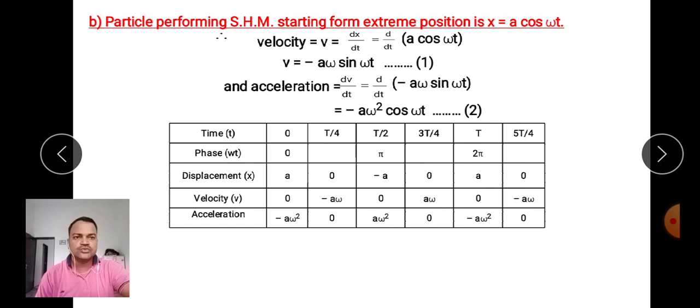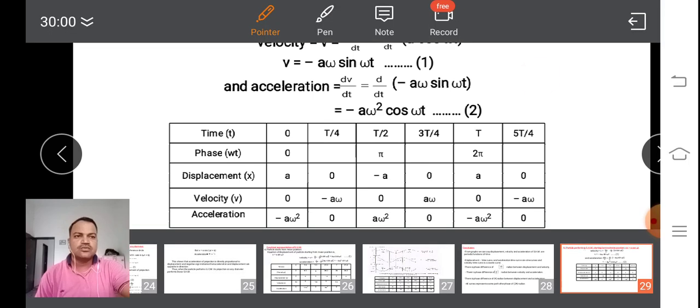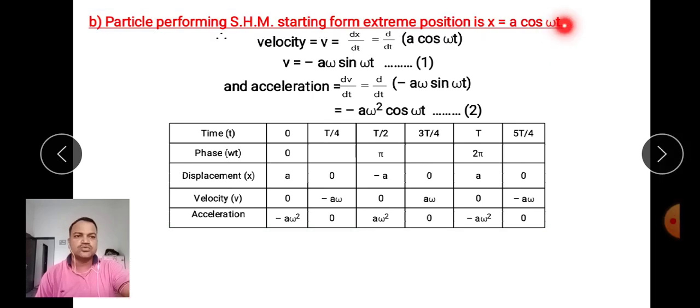Then again put omega t equal to 3 pi by 2, cos 3 pi by 2 is 0, 0 into a, 0. Next, omega t equal to 2 pi, cos 2 pi is nothing but plus 1 into a, plus a. Similarly we get all the values of displacement.